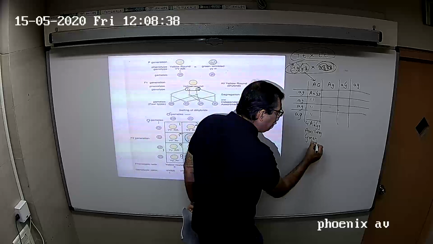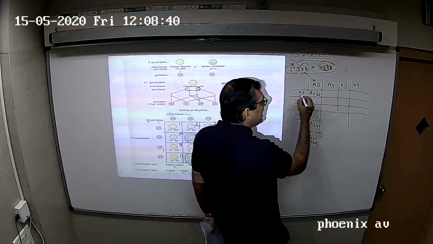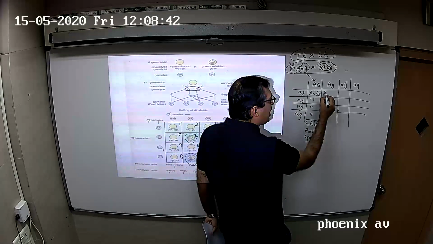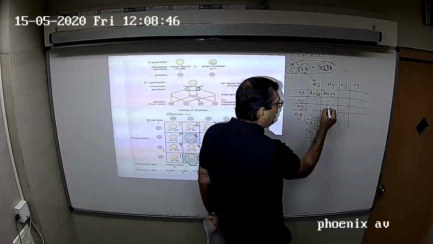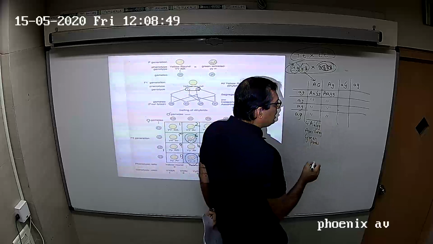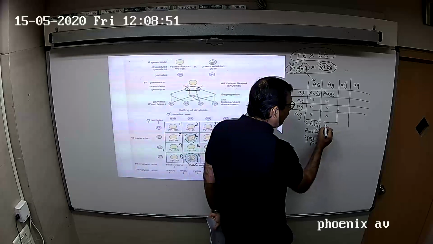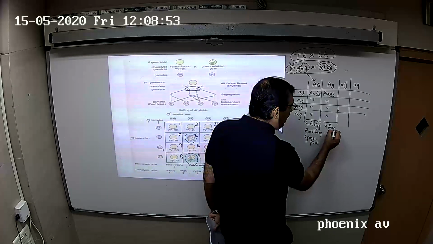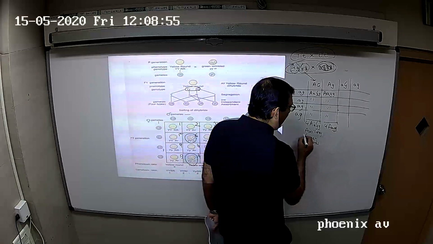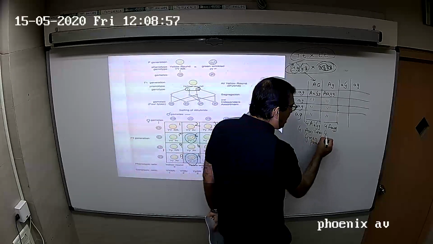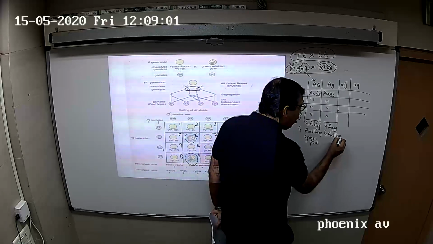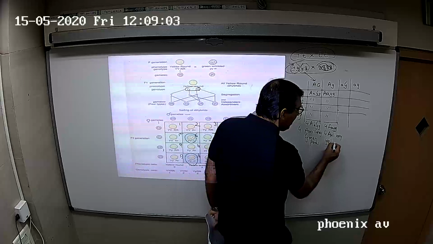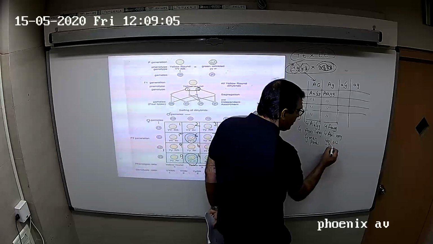And then this one you get is capital A small a, small g small g. So 4 of them are capital A small a, small g small g. In other words, 4 plants are axillary with yellow pods.